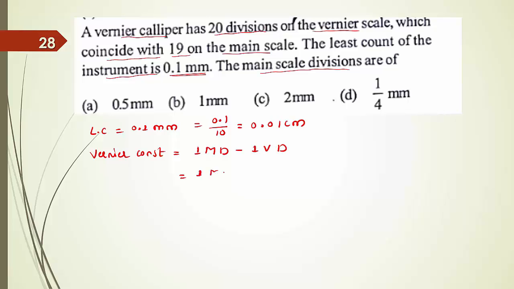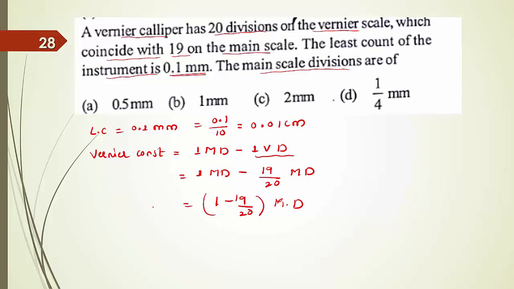1 main scale division minus 1 vernier scale division. It is given that 19 and 20 coincide: 20 divisions on vernier, 19 divisions on main scale. So we can write 19 by 20 main scale division in place of 1 vernier scale division, or we can write 1 minus 19 by 20 main scale division.